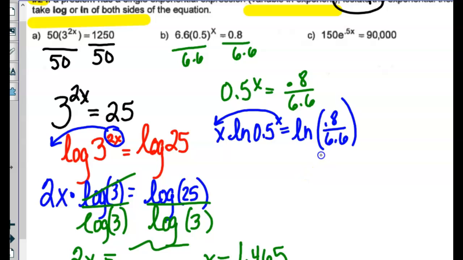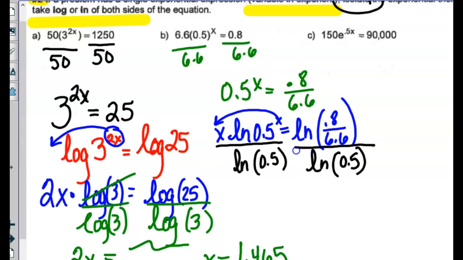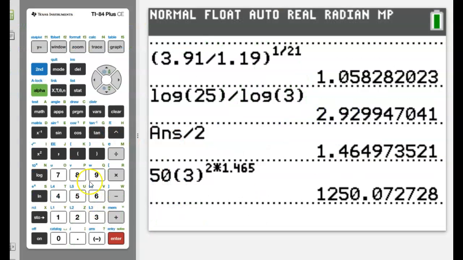So the last step is going to be to divide both sides by the ln of 0.5. So I get x equals, I totally forgot.